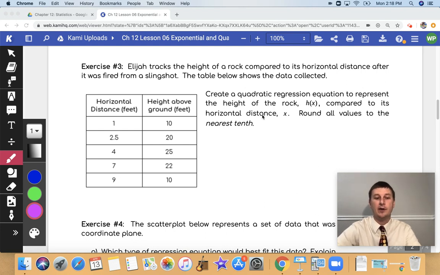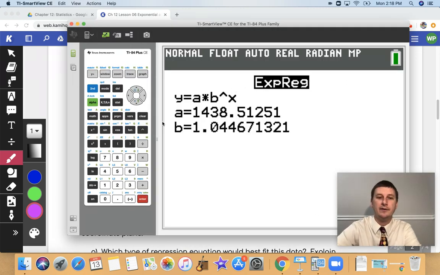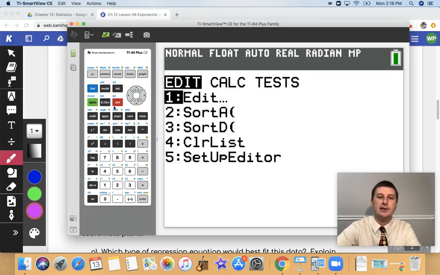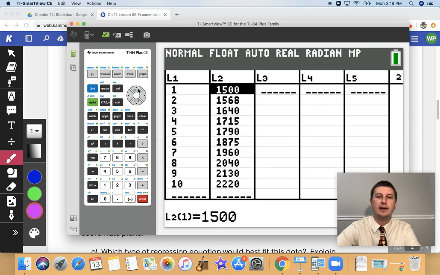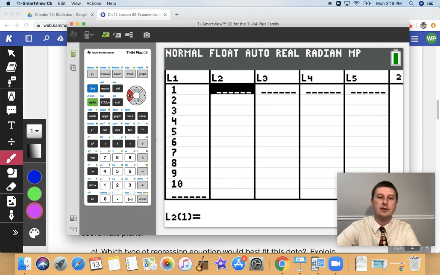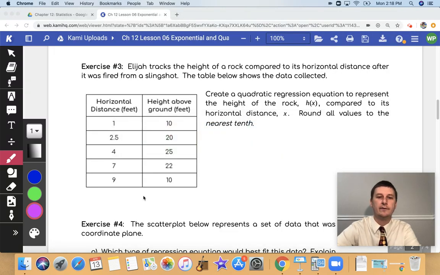So the first thing that we are going to need is our graphing calculators. And once you have your graphing calculator, you want to go to Stat and Edit and clear out anything that you might have in List 1 and List 2. So go on over and clear everything out so that you're ready to enter your information. So your information is as follows.